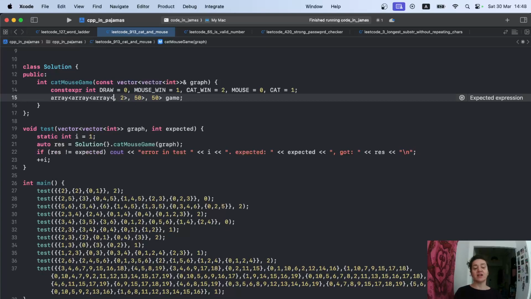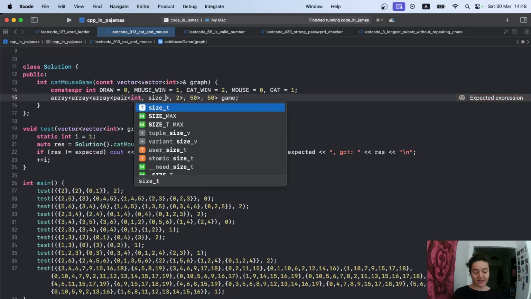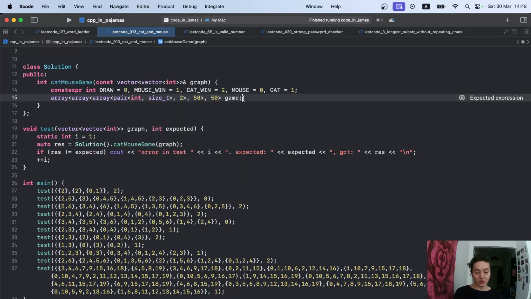And in each cell of this three-dimensional matrix, I'm gonna have a pair for the winner, either cat win or mouse win, and a size t for the counter of move options. It's a size t because size in a graph is size t, and it's also readable.